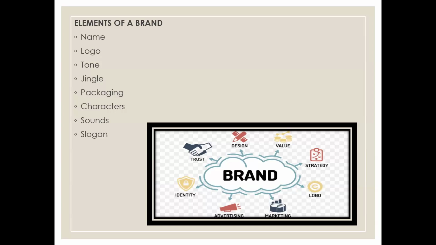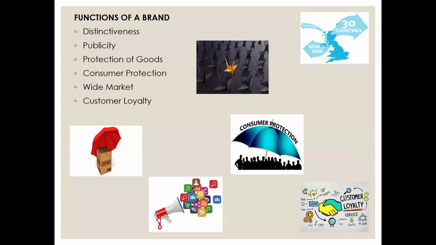It can have a jingle, that is an introduction music or sound. It can have differentiated packaging. It can have a variety of characters or a particular character, and it can have a sound and a slogan. All these things can comprise a brand. Otherwise, any one or two can be combined and termed a brand for an organization.